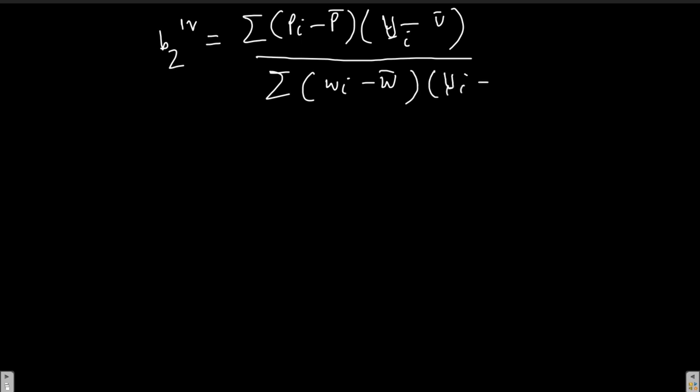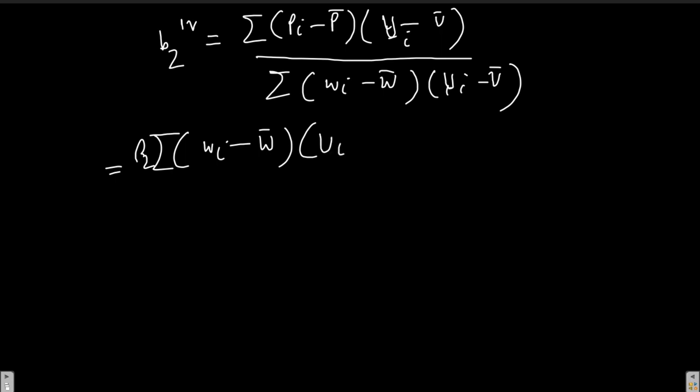We are already quite familiar with the expansion of this equation. There will be beta 1 in both, so we cancel the beta 1. So I have beta 2 times summation of wi minus w bar into ui minus u bar, plus summation of upi minus up bar and ui minus u bar.